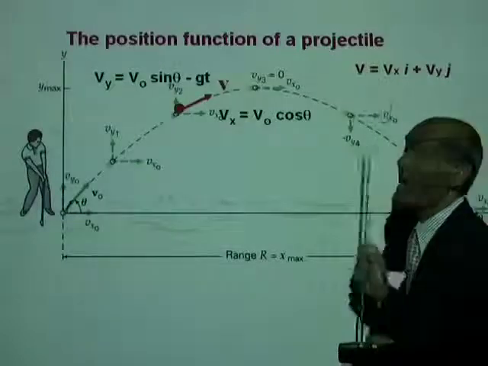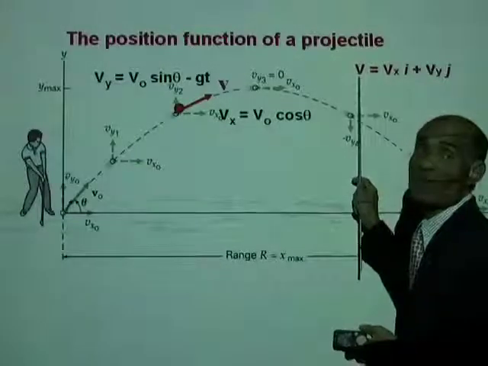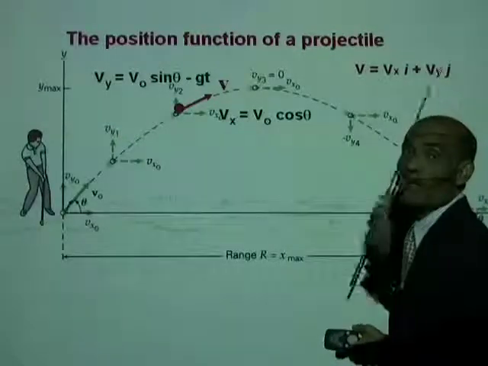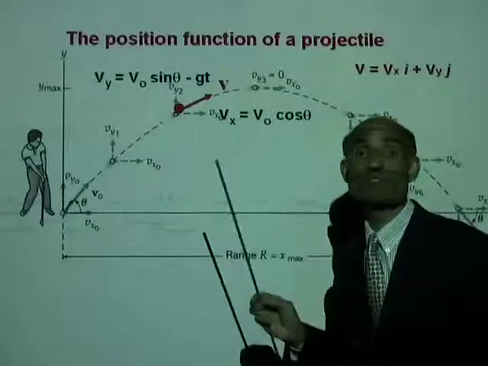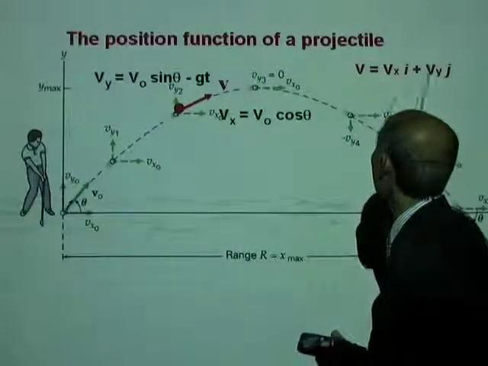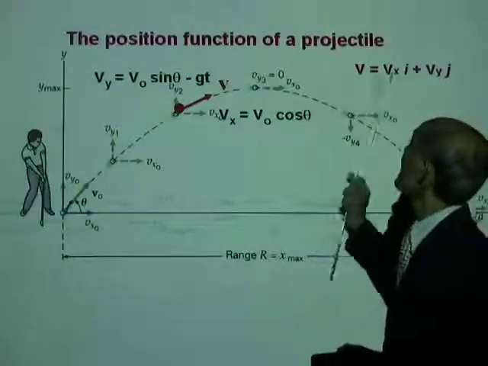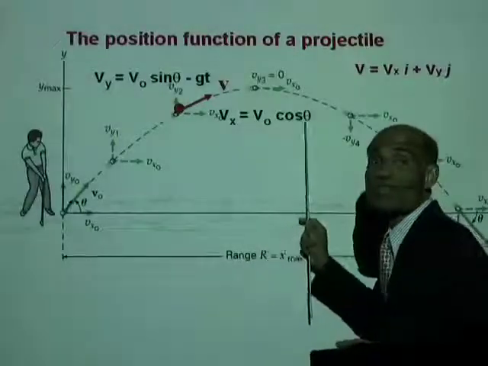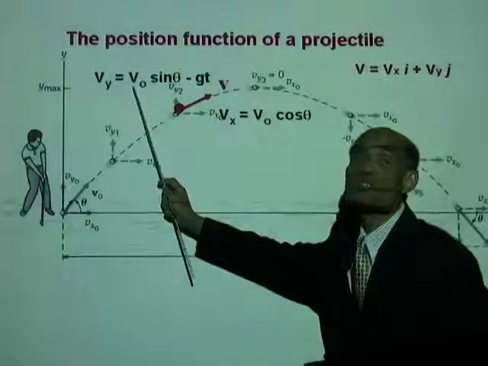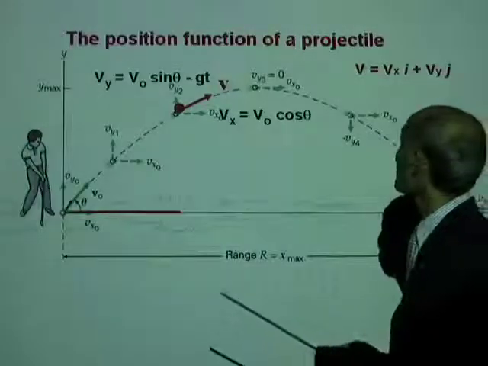So, at any instant, the projectile has a velocity along the x direction and a velocity along the y direction. So we can write v equal to vx i plus vy j. And what is vx? vx is v0 cos theta. And vy is v0 sine theta minus gt.